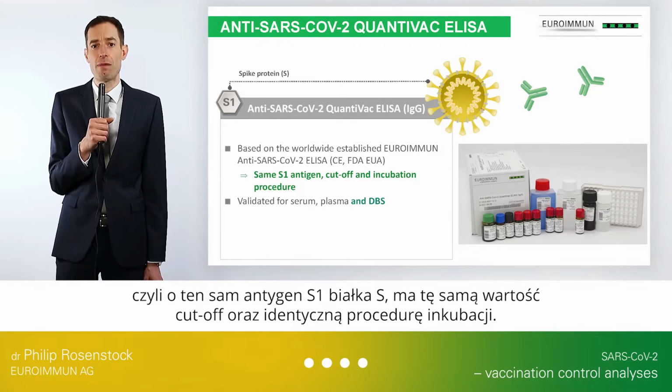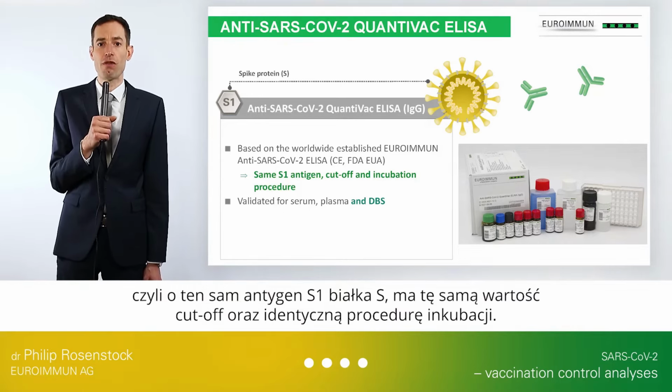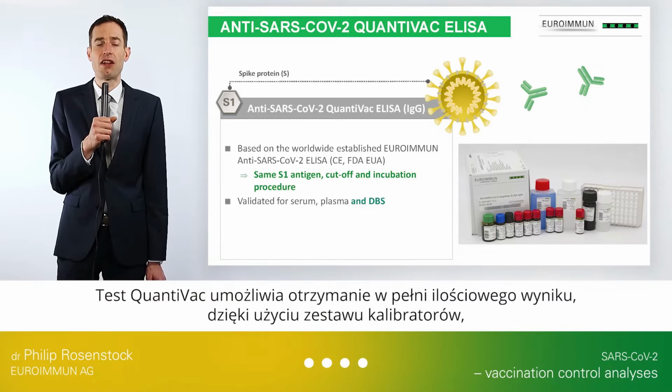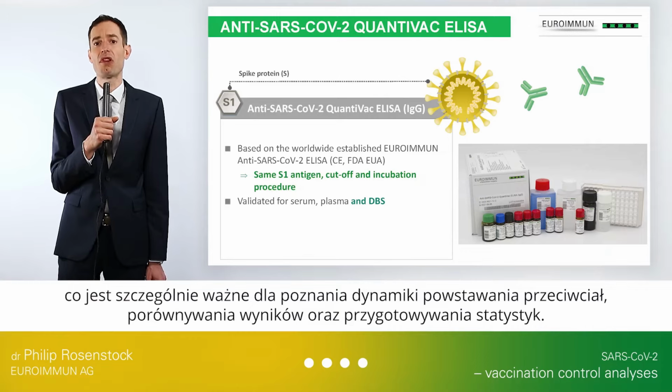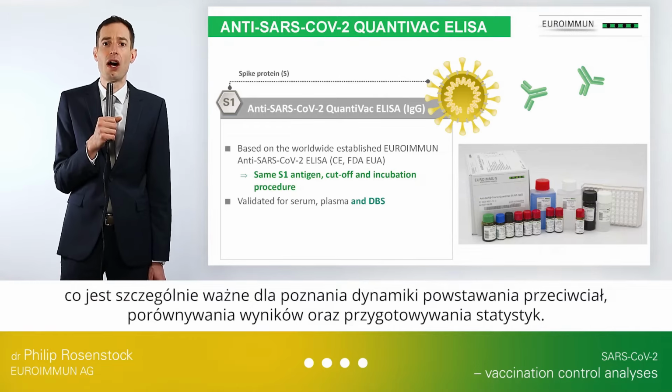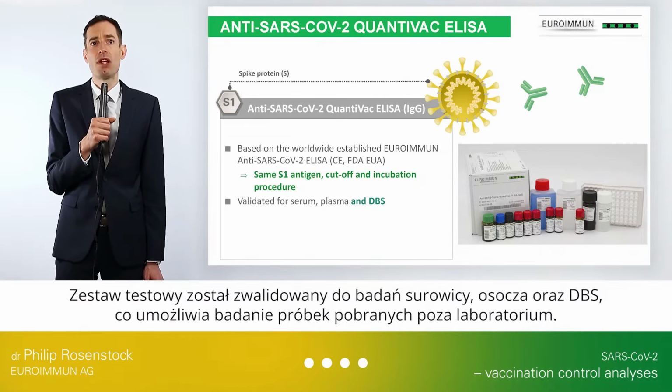It uses the same microtiter plate, the same cutoff, but the assay is extended by a huge set of calibrators so that a fully quantitative result can be obtained, which is of course interesting in case dynamics or comparisons or statistics are going to be established. And it can be used for serum, plasma, and DBS testing, so it can also be used for remote sampling.